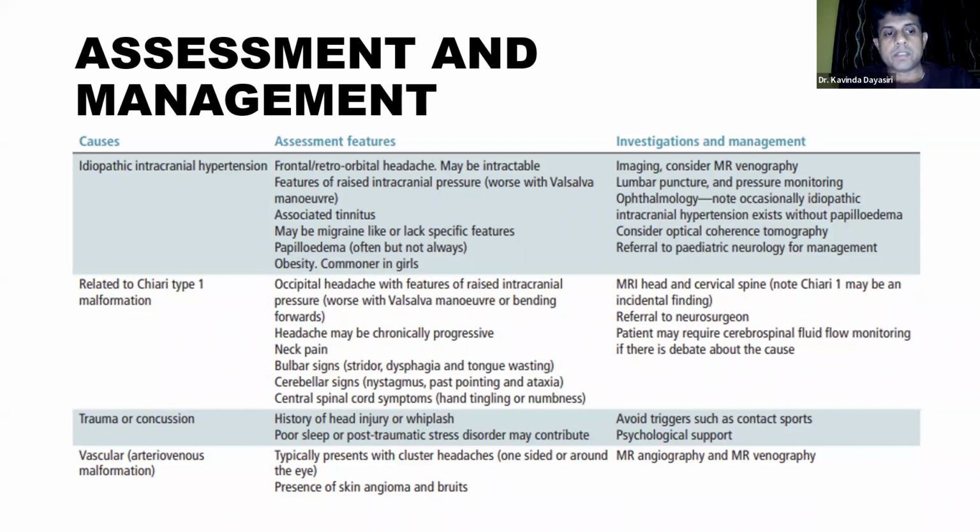The presence of trauma or concussion is again an etiology for chronic headache. For example, a history of head injury or whiplash injury should be inquired about, and should be managed appropriately, including offering psychological support as well as, if needed, referring to the neurosurgeon.